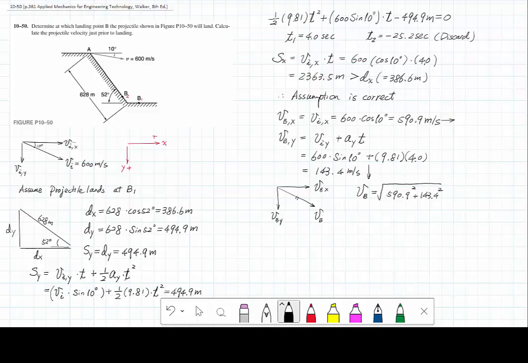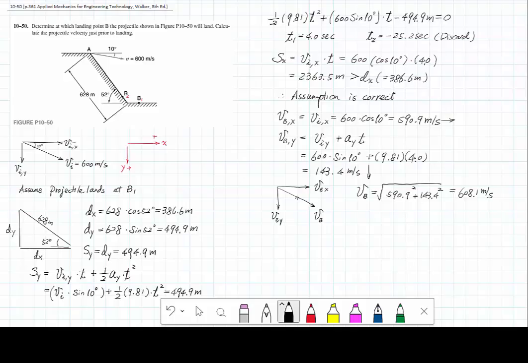This comes out as 608.1 meters per second. Don't forget we need the direction for the vector, so we need this angle here.